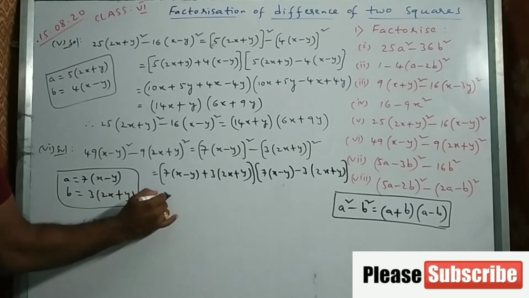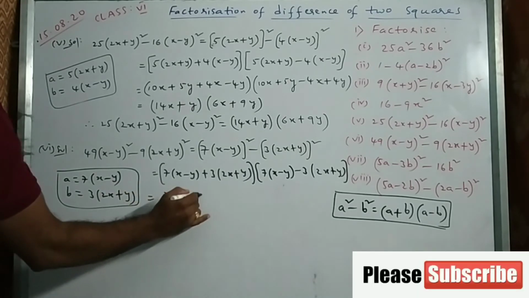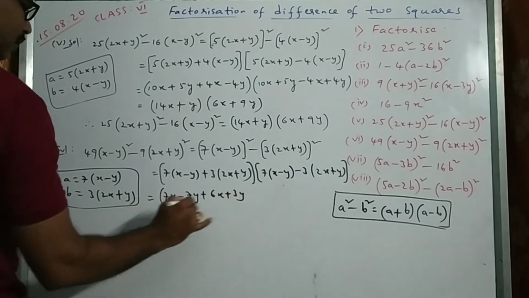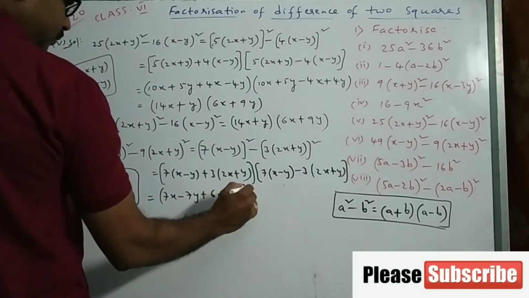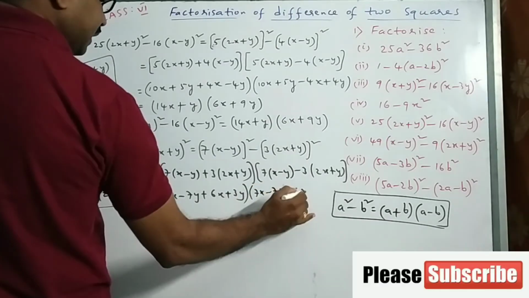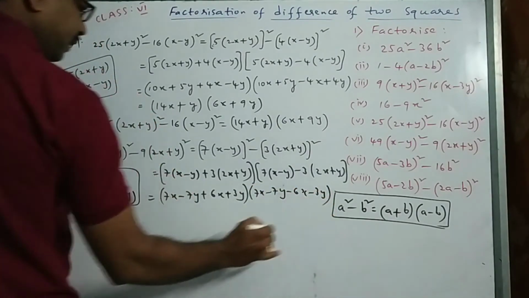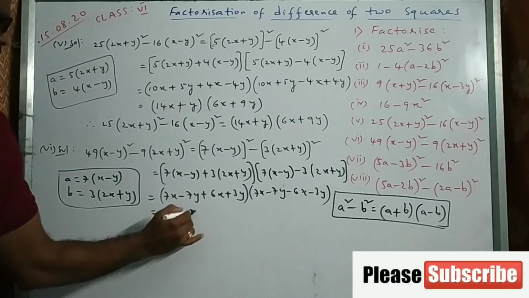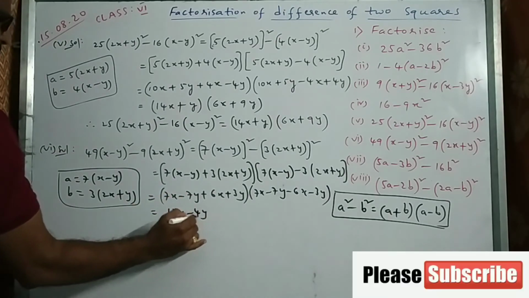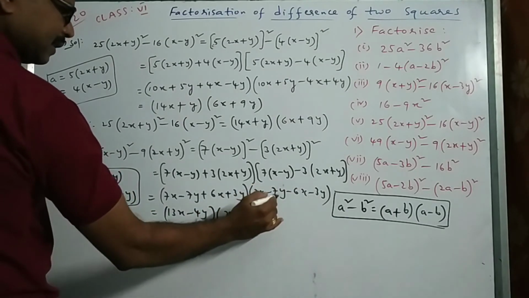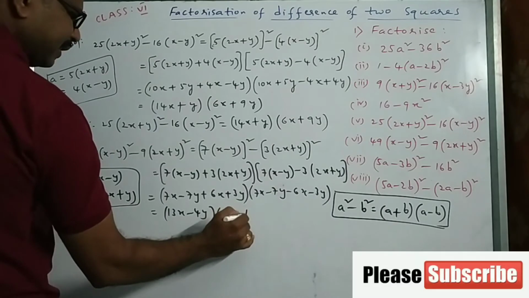So simplify this. 7x minus 7y, 3 2s are 6x plus 3y. 7x minus 7y minus 6x minus 3y. 7x plus 6x, 13x, minus 4y. 7x minus 6x, 1x, 7y minus 3y, 10y.